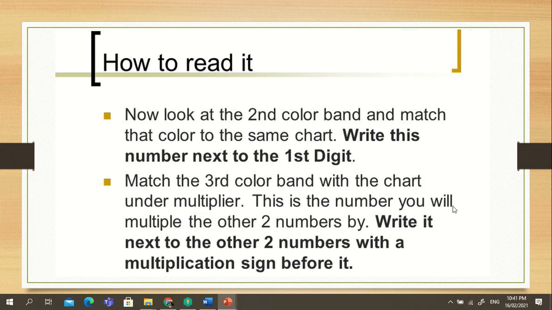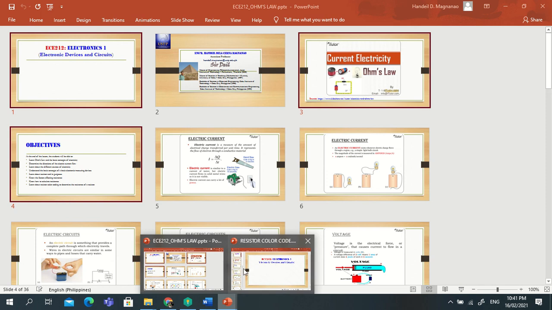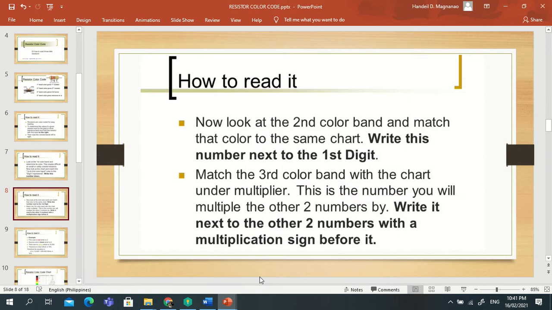This is the number you will multiply the other two numbers by. So you just change this, class. Change this to multiply.